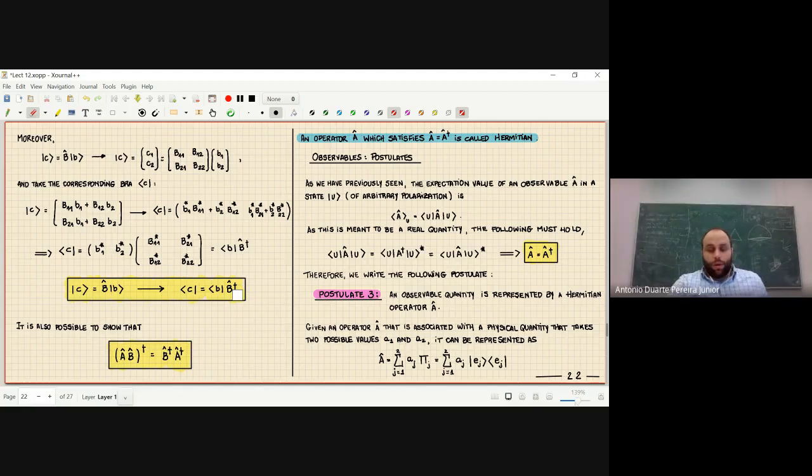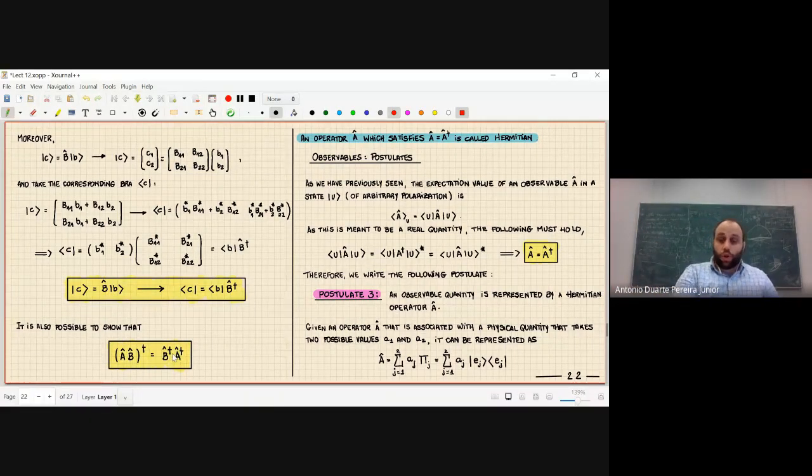Now I can also have two matrices, and I multiply these two matrices, A and B, and I want to take the Hermitian conjugate of the resulting matrix, right? Well, if you take a 2 by 2 matrix and multiply by a 2 by 2 matrix, this will give you a 2 by 2 matrix. So I can now take the Hermitian conjugate of the resulting matrix.